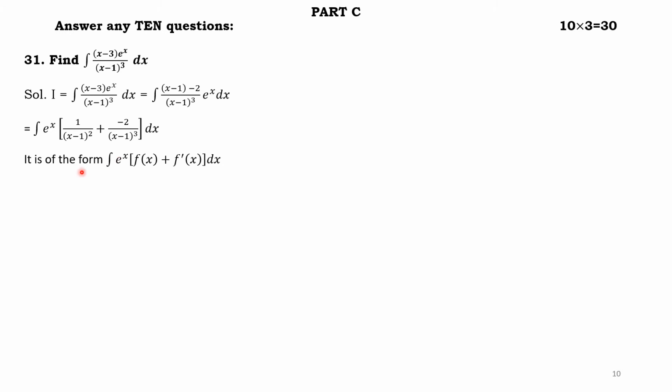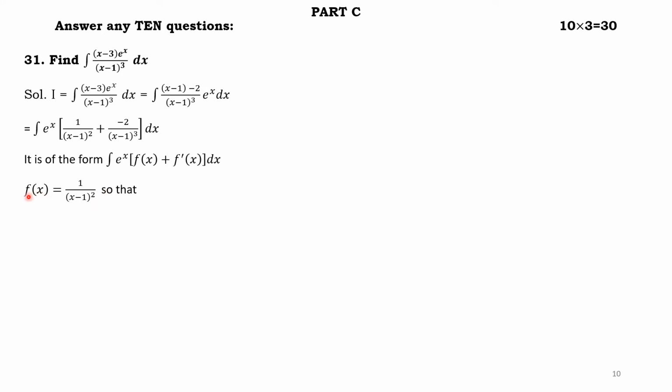That is of the form integral e to the power of x into f x plus f dash x dx. This is of the standard form. This also you please go through in our integration chapter number 7 on integrals, where details have been given. The links are also given in the description part of this video. So this you go through in detail.